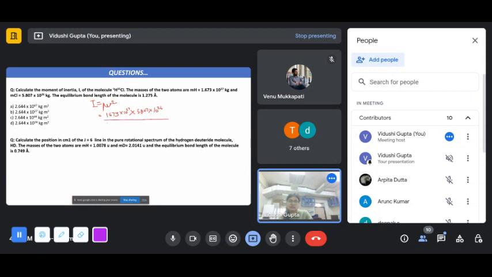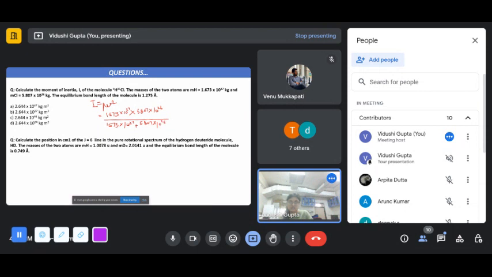divided by 1.673 into 10 raised to the minus 27 plus 5.807 into 10 raised to the minus 26, and what's r?